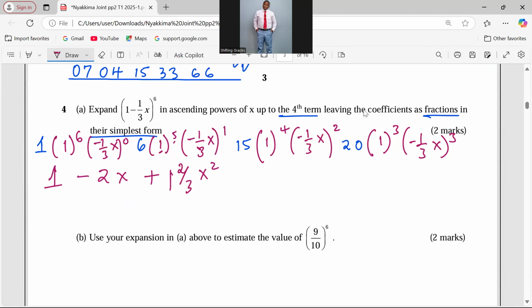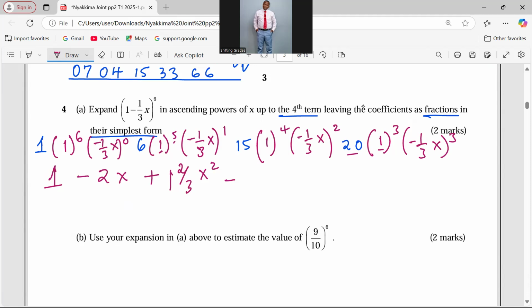And finally, we shall have a negative at the fourth term, because this is 20 multiplied by 1 to the power 3, which is just 1. So 20 times 1 multiplied by negative a third to the power 3 becomes negative 1 over 27.